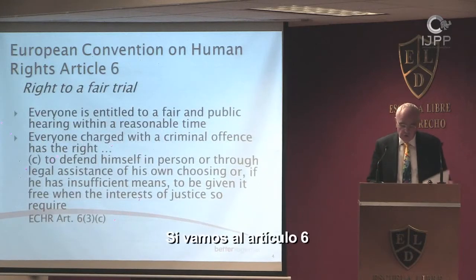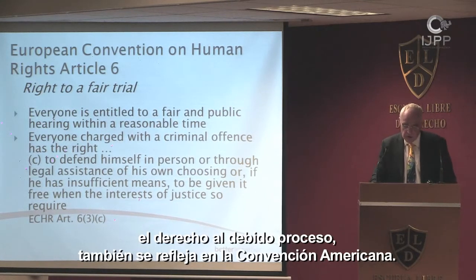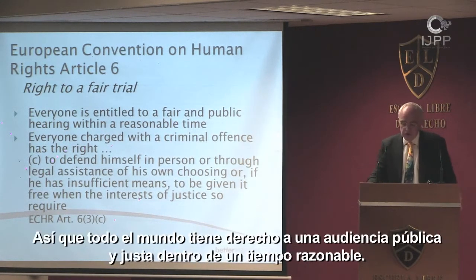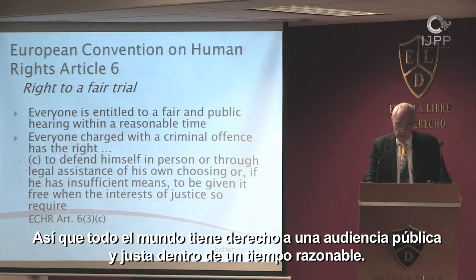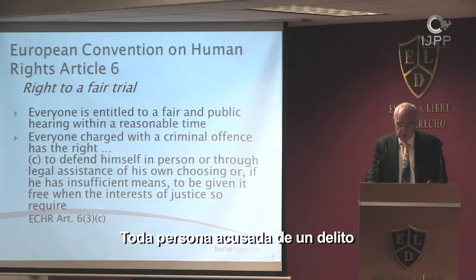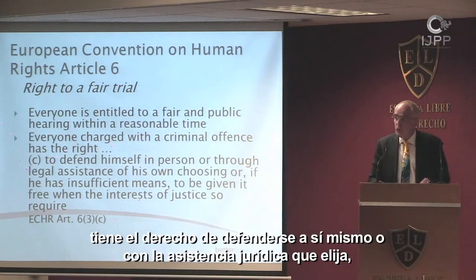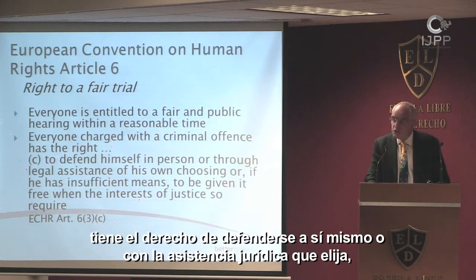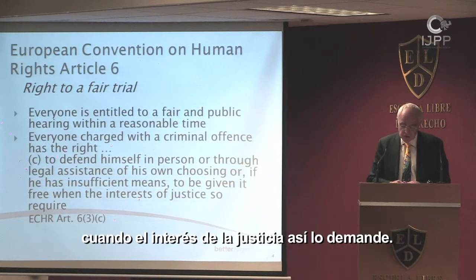And then if we move on to Article 6, the right to fair trial, again, that is reflected in the American Convention. So everyone is entitled to a fair and public hearing within a reasonable time. And everyone charged with a criminal offence has the right to defend himself or herself in person or through legal assistance of their own choosing, or if they have insufficient means, to be given it free when the interests of justice so require.